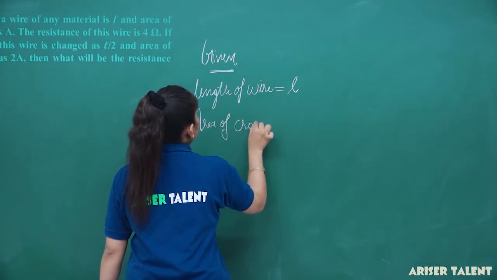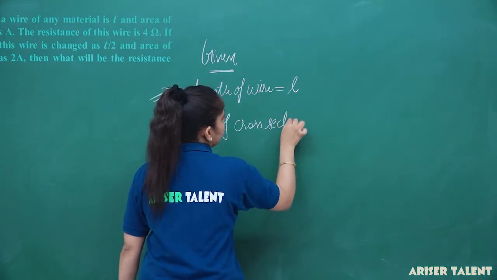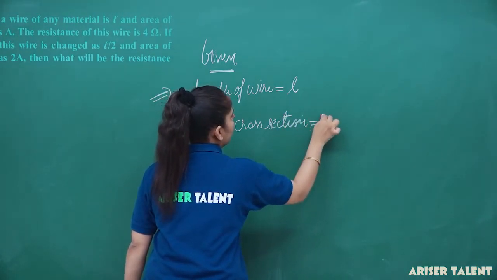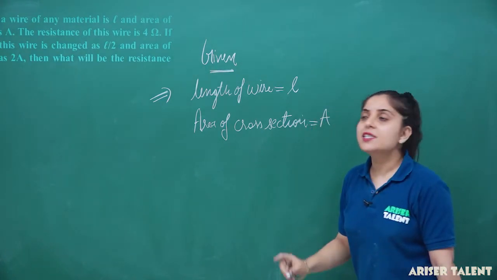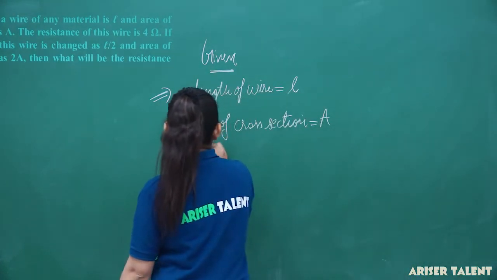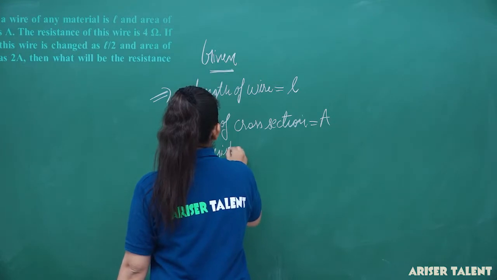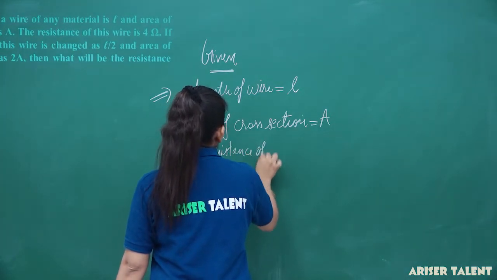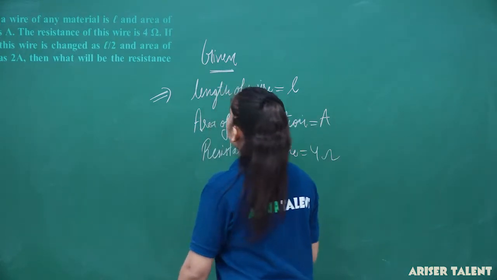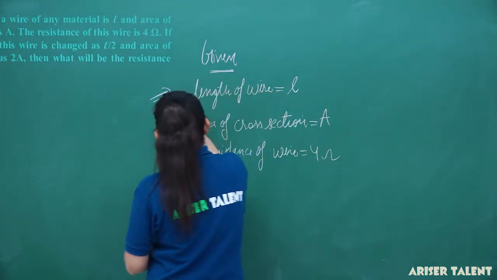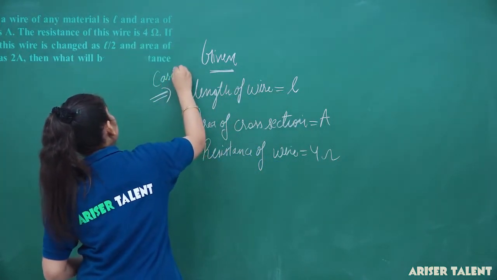Area of cross section equal to A. Resistance of the wire is 4 ohm. Now, this is all about our case 1.